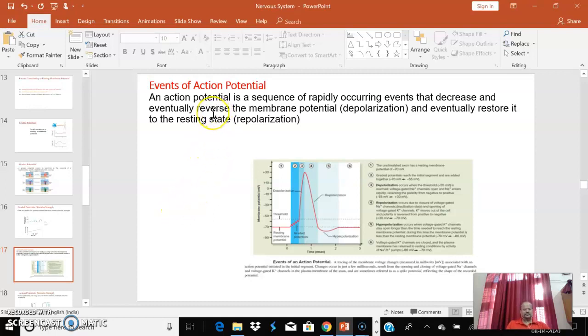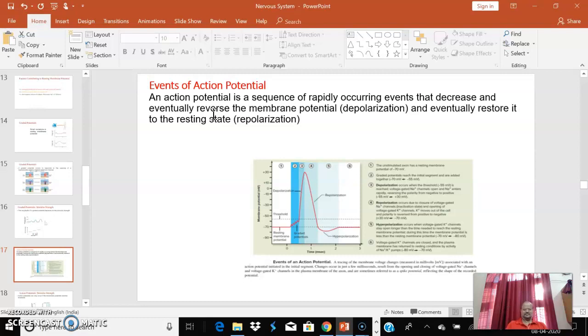axon. The events that occur during the next phase are the action potential. The second is the action potential, a sequence of rapidly occurring events that decrease or reverse the membrane potential.